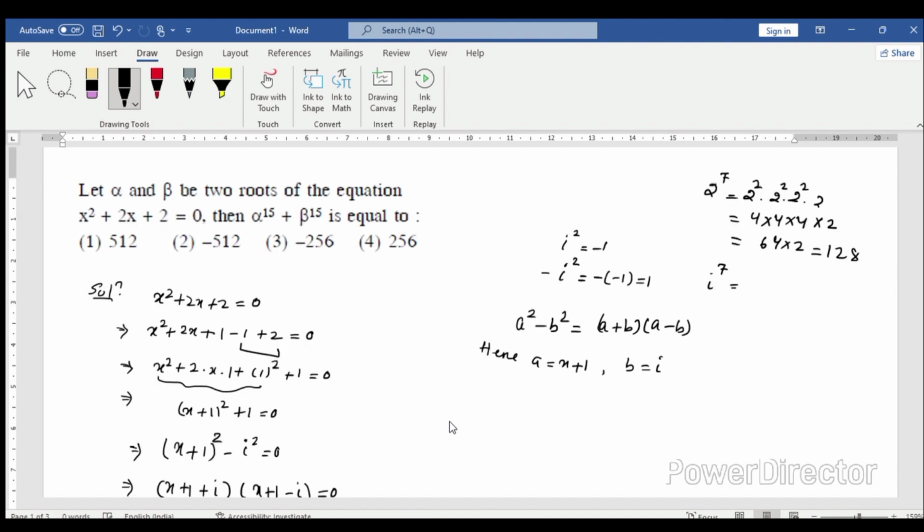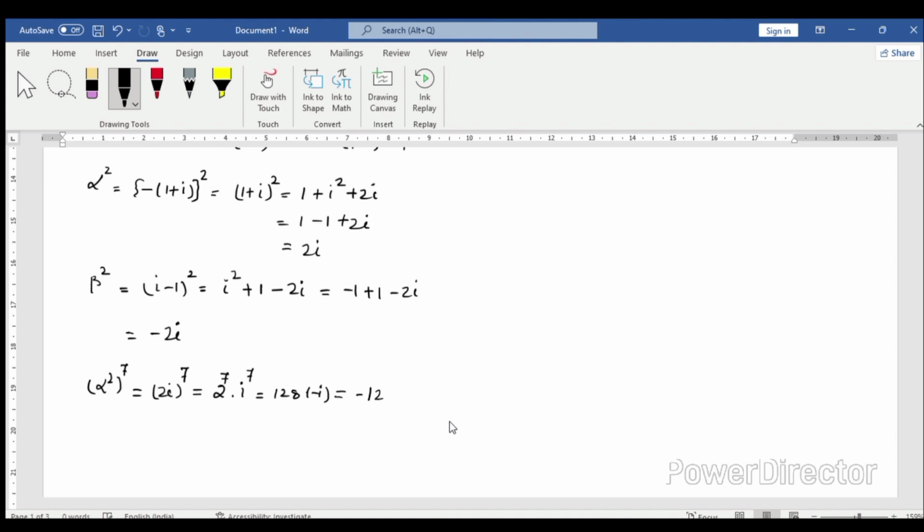Iota power 7 I can write as iota square into iota square into iota square into iota, which becomes minus 1 into minus 1 into minus 1 into iota. So this becomes minus iota, giving minus 128 iota. Similarly, beta square power 7 is minus 2 iota whole power 7, which can be written as minus 2 power 7 iota power 7, that is minus of minus 128 iota. So it becomes 128 iota.